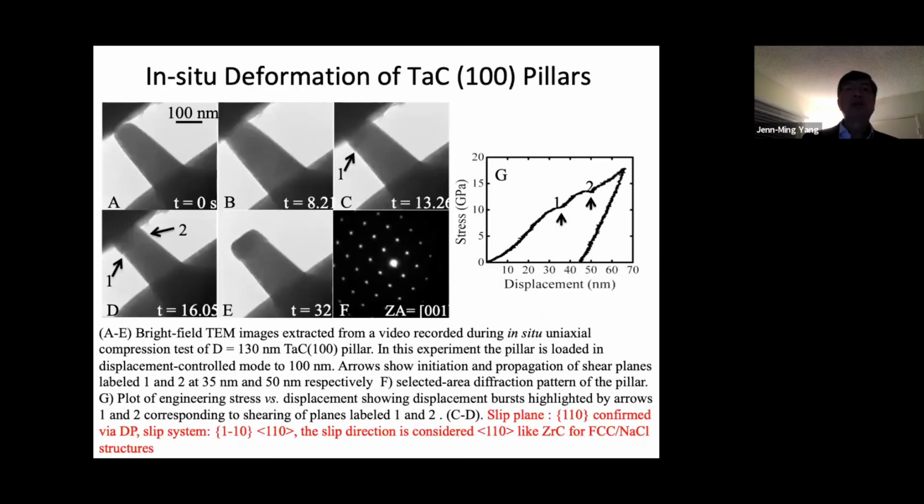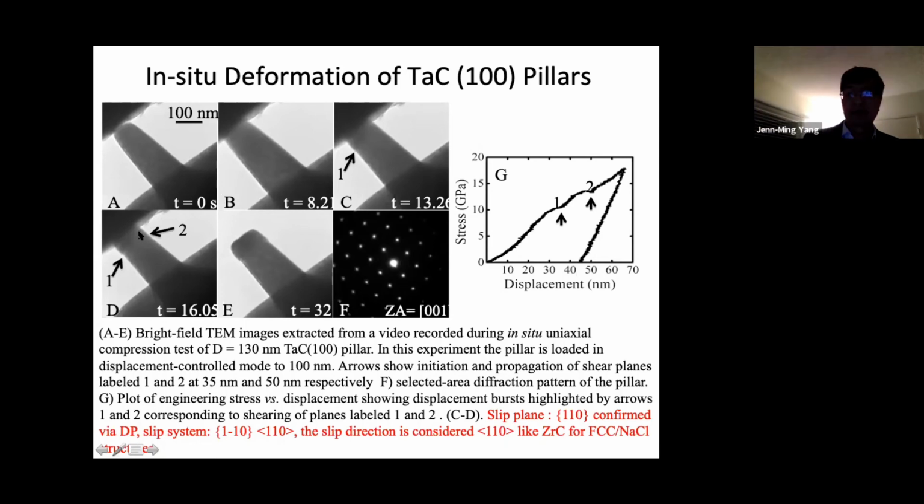So let me jump to the in-situ deformation behavior of the tantalum carbide 100 pillar. Again, this is a series of TEM pictures, and on the right is the stress versus displacement curve. As you can see, we have two pop-ins at different displacement levels, which correspond to the pictures here at 1 and also at 2.